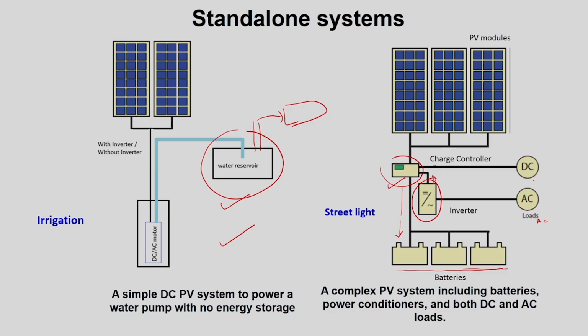If the load is DC, then you can use it straight from the charge controller. So, these are the two extensively used configurations. This one is somewhat complex, where we have many components, and this is a very simple configuration.